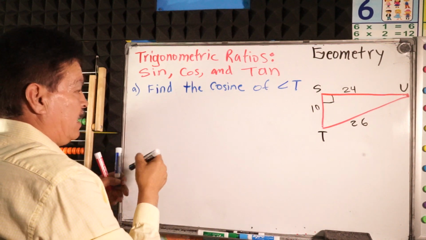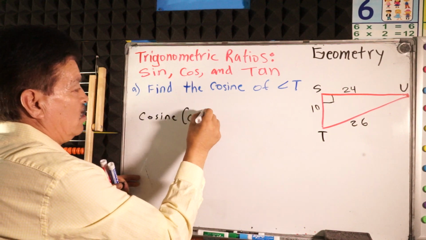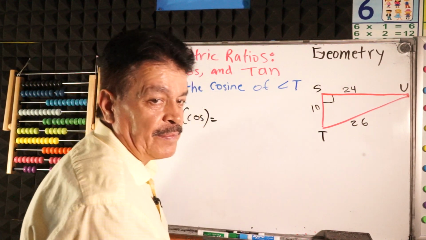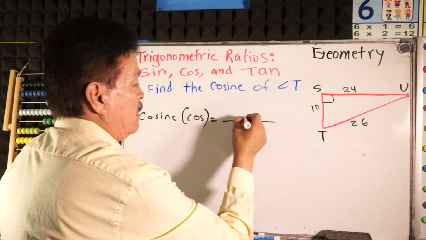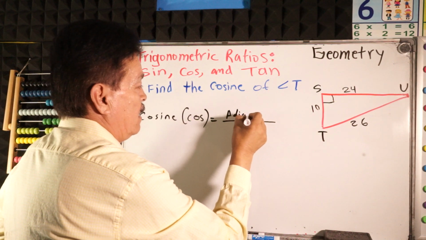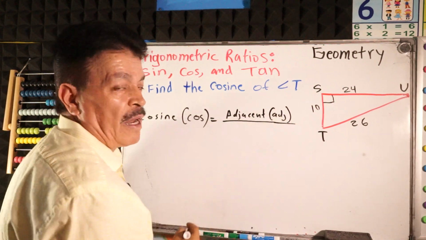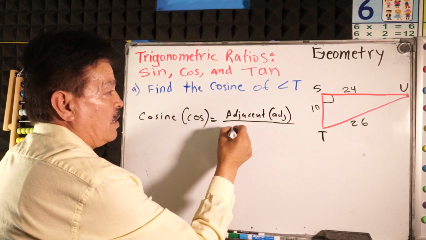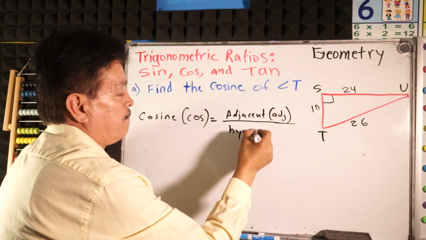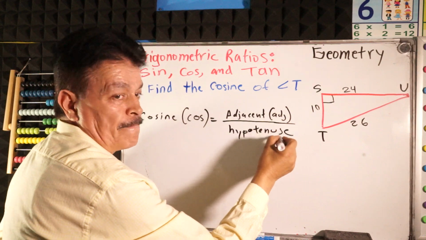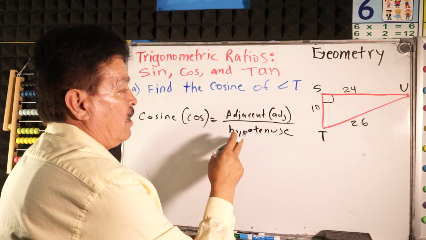Cosine is the adjacent leg divided by the hypotenuse.